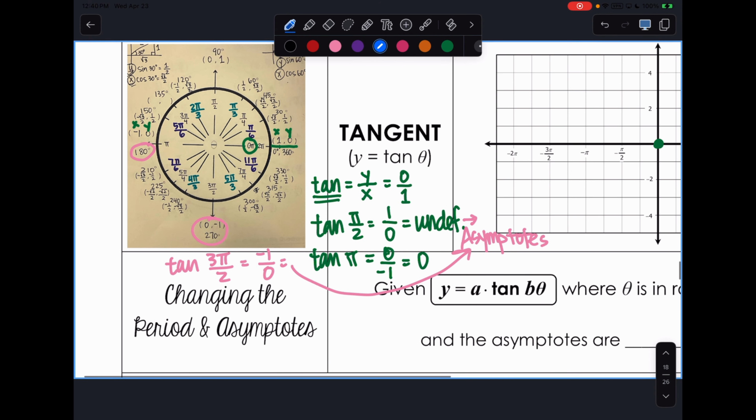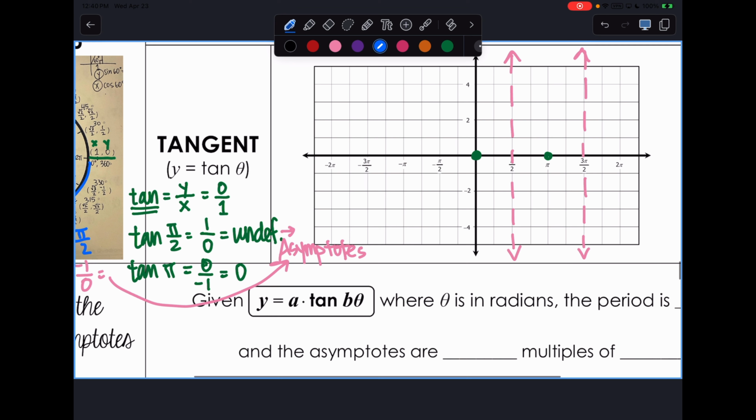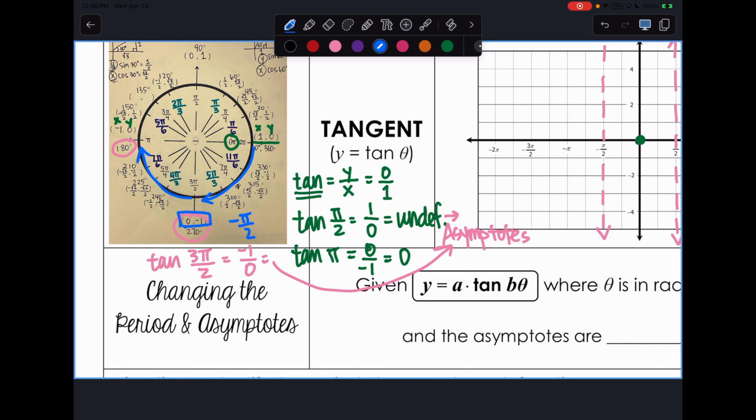What if we went this direction for negative pi over 2? What will my ordered pair be? Isn't it this? So wouldn't I have another asymptote there? And then I do it again. I continue going this direction.